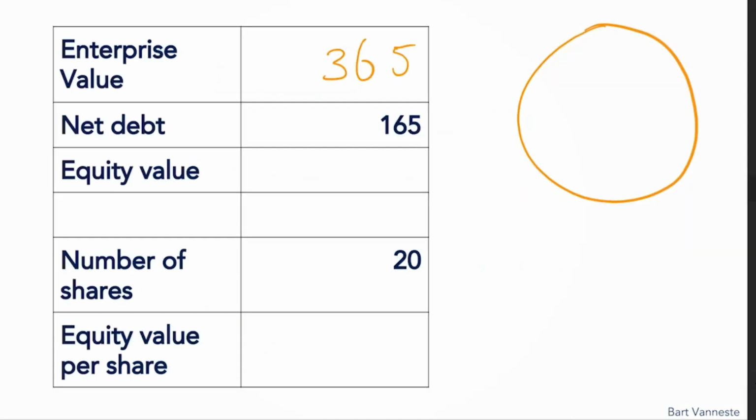From the sum of the parts analysis, we concluded that the enterprise value was 365. Now we can think of that enterprise value consisting of two parts, and those parts correspond to the way a firm is typically financed: debt and equity, or shareholders and bondholders.